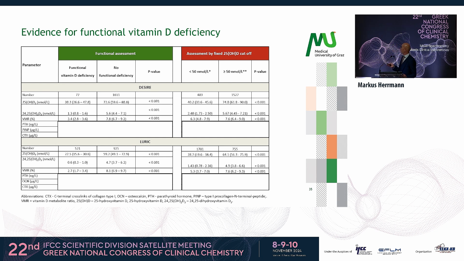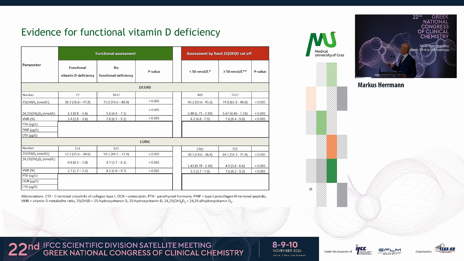And the first thing we noted is that with the traditional approach, many more individuals were identified as vitamin D deficient when compared to the functional approach. And vice versa, with the functional approach, vitamin D deficiency was excluded in many more individuals than with the traditional approach.